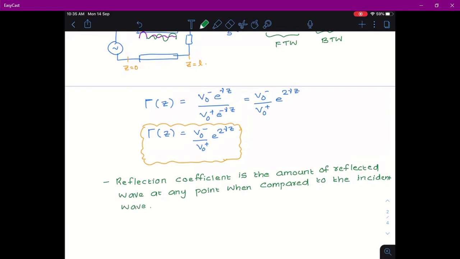So, it means at any point how much of the incident wave has been reflected.